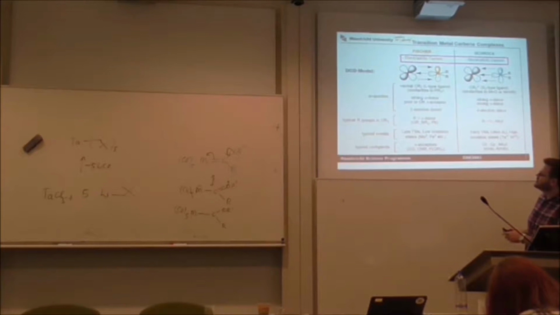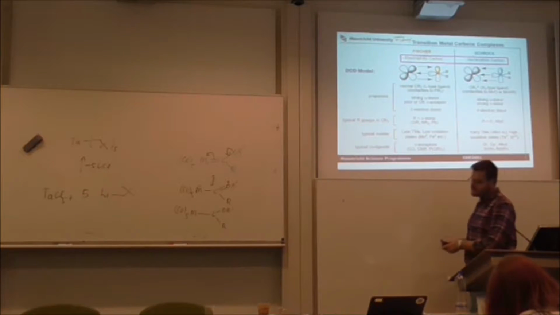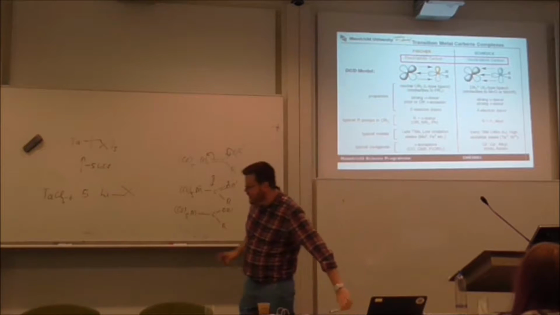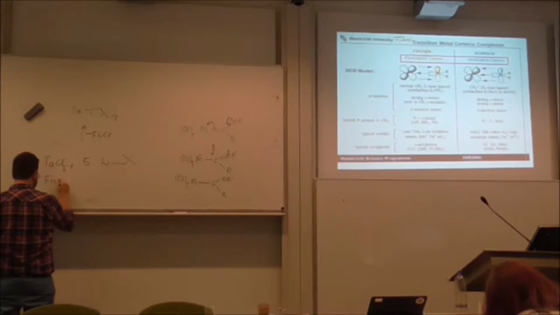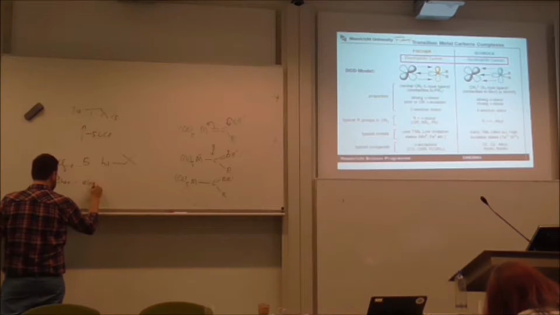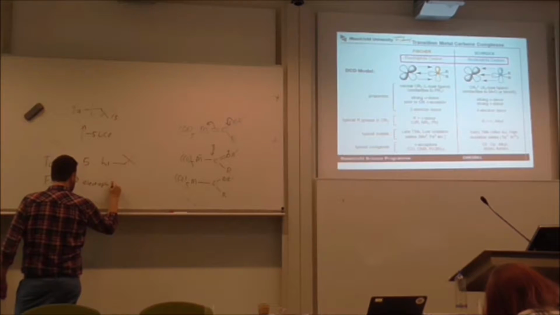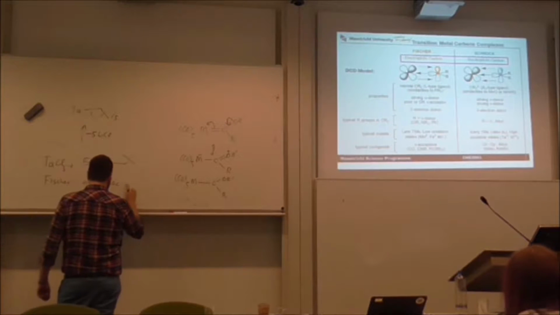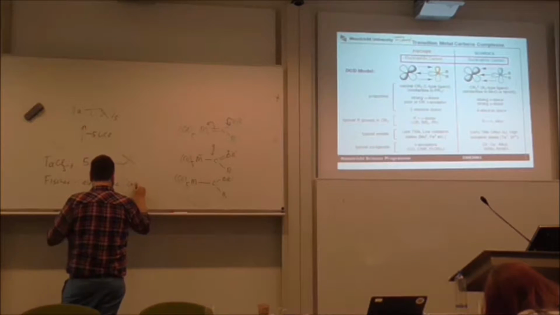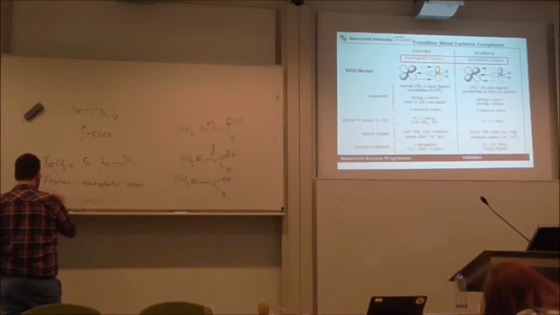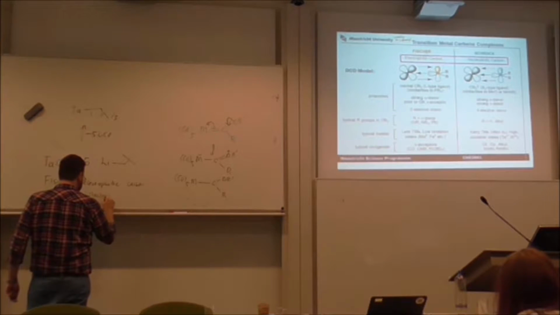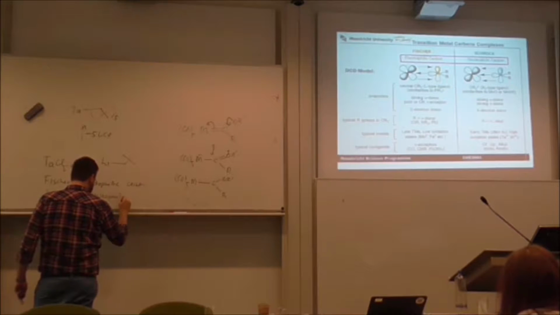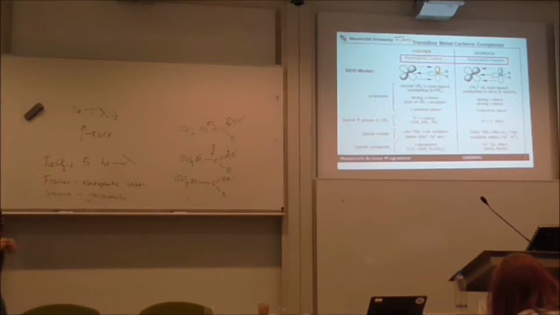That's an important distinction, which is not shown in this table. But in the classic cases, a Fischer type carbene complex has an electrophilic carbon atom, and a Schrock type tends to be nucleophilic. Okay, that's an important point.